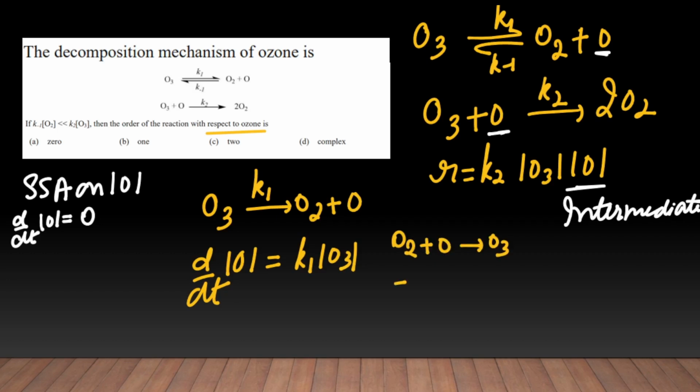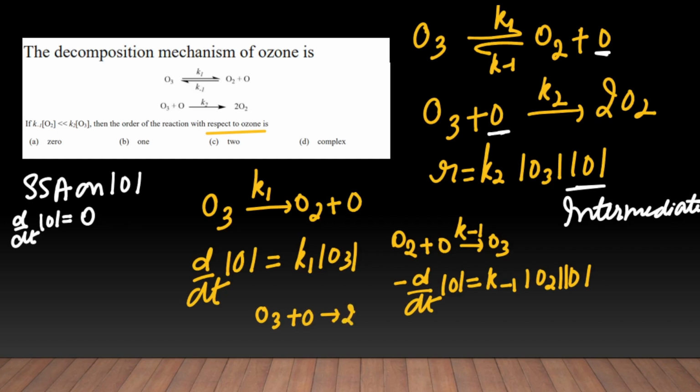So minus of d by dt of O will be equal to, with the rate constant K inverse, K inverse times O2 into O, right? And in the next step, O3 plus O giving us 2O2. So from this one, minus of d by dt of O will be equal to K2 times O3 into O, right?